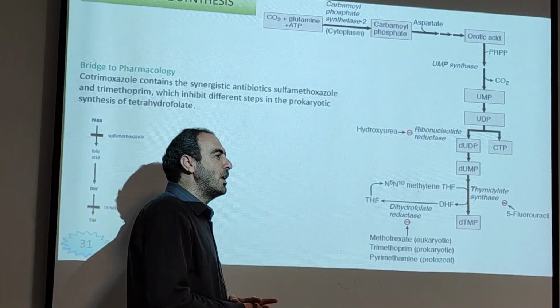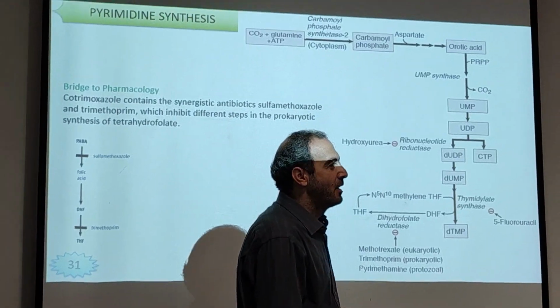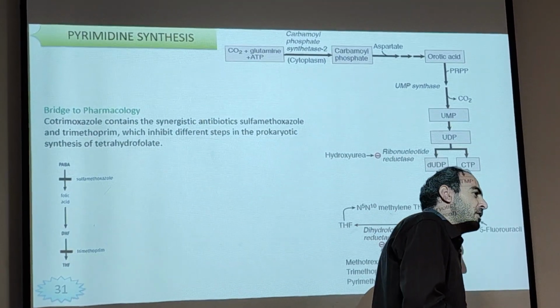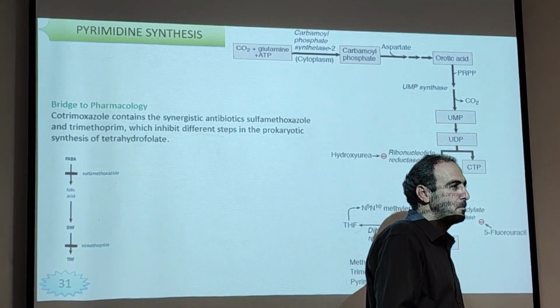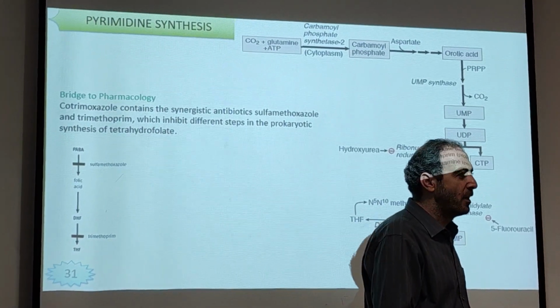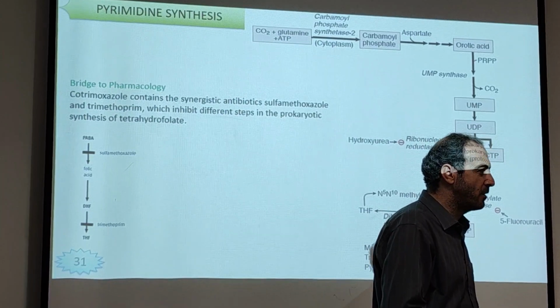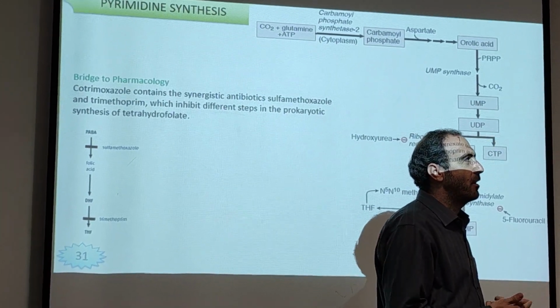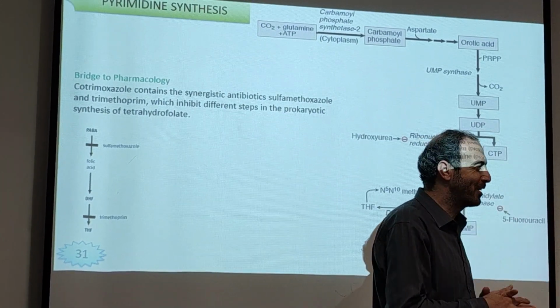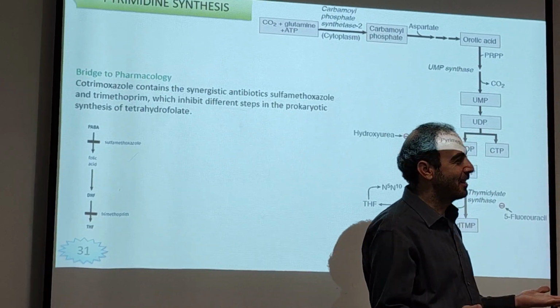The second question: what is the similarity between pyrimidine and purine production? Glutamine, glycine, carbamoyl phosphate, or something other? Glutamine? Yes, exactly.